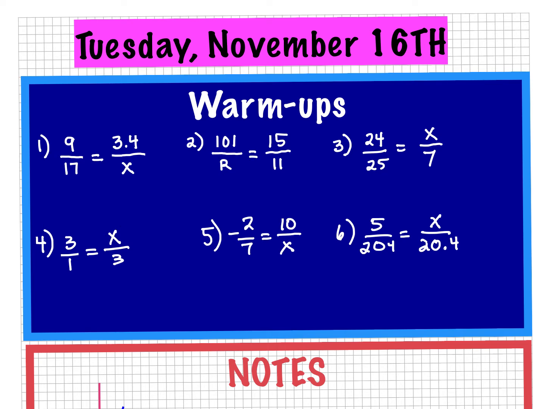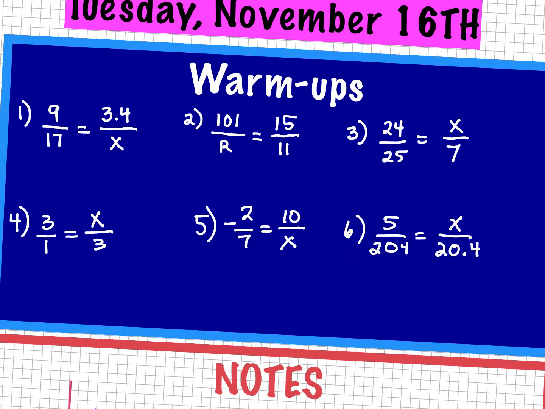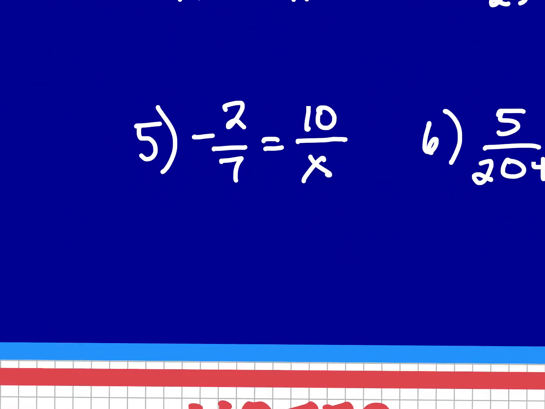I'll do, just to refresh, I'll do one of them. I'll do number 5 because it's so easy. Now this one I can already tell is negative 35, but let's say I didn't know what it is. I can go, and I'll include the negative with that. So negative 2 times x.